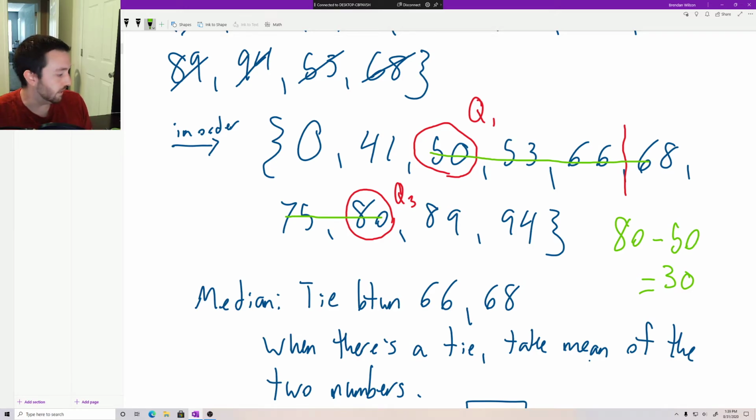The outside numbers are what we call outliers. Well, not exactly. I'll define them more precisely in a second. But the idea is that typically we're most concerned about what happens between the 25% mark and the 75% mark. How are people doing in this range?